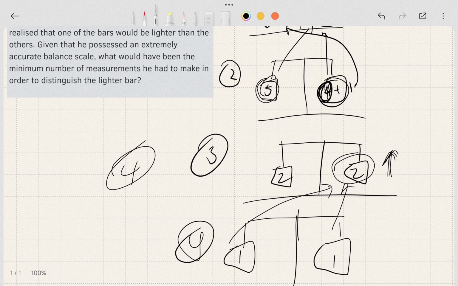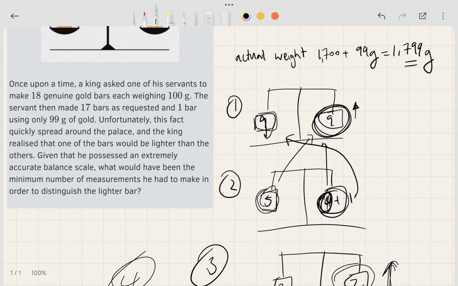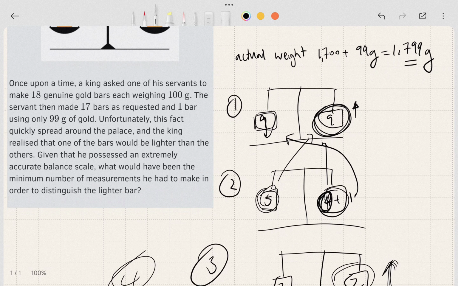And let's just check. Oh no, it's not 4. So there should be an even easier way to answer this question.